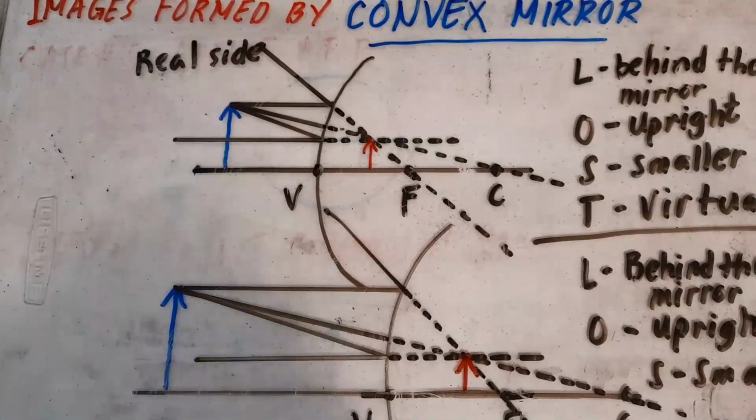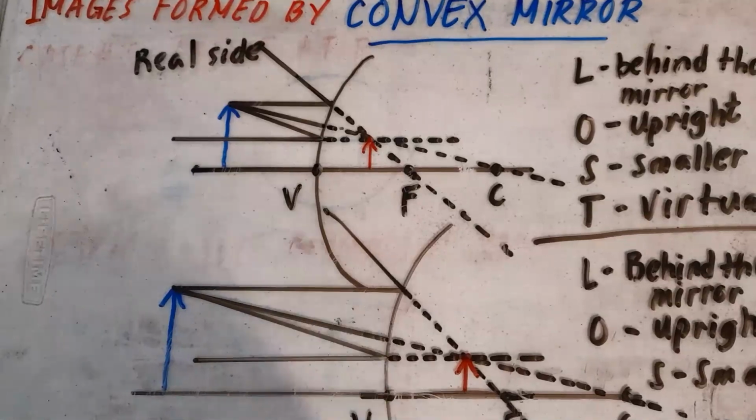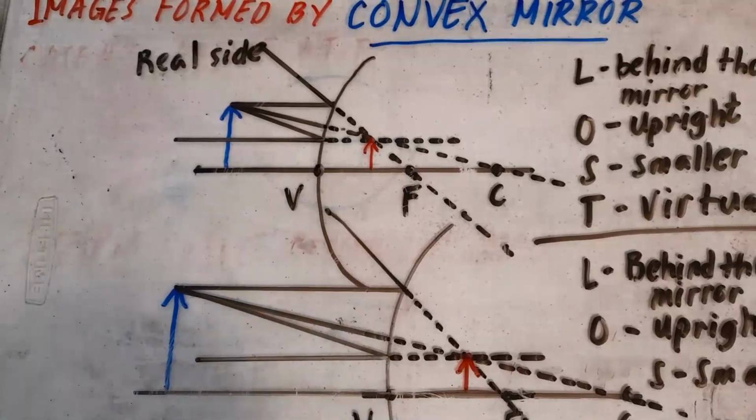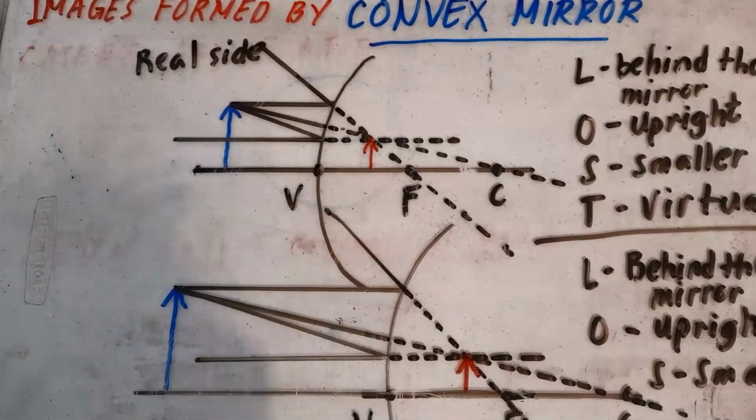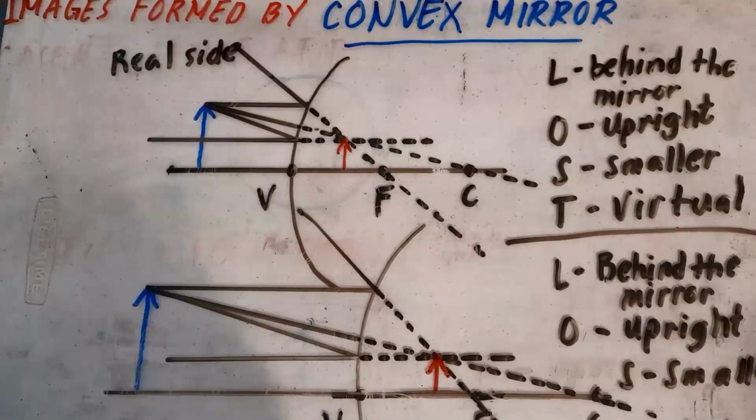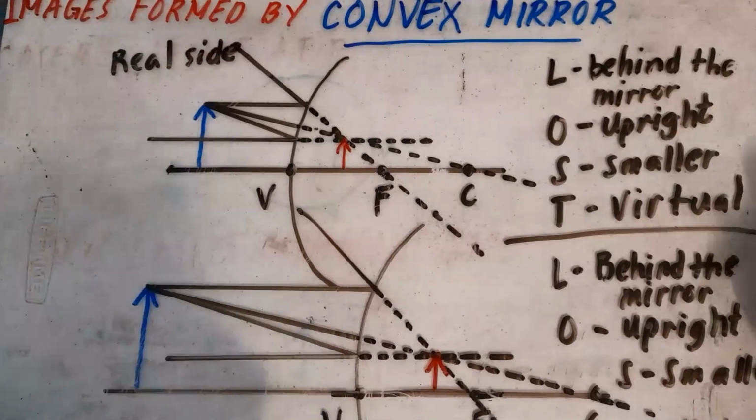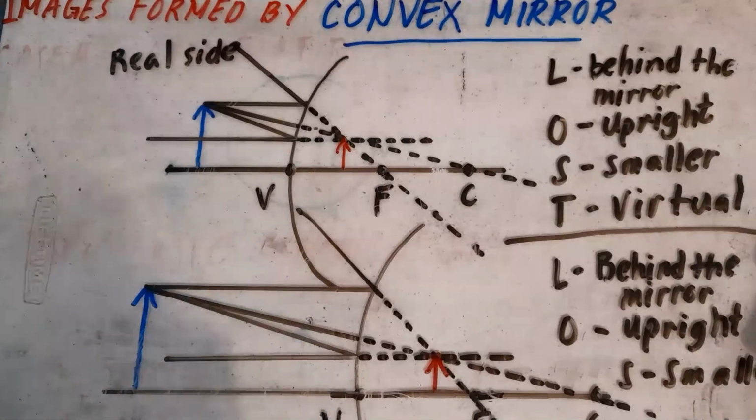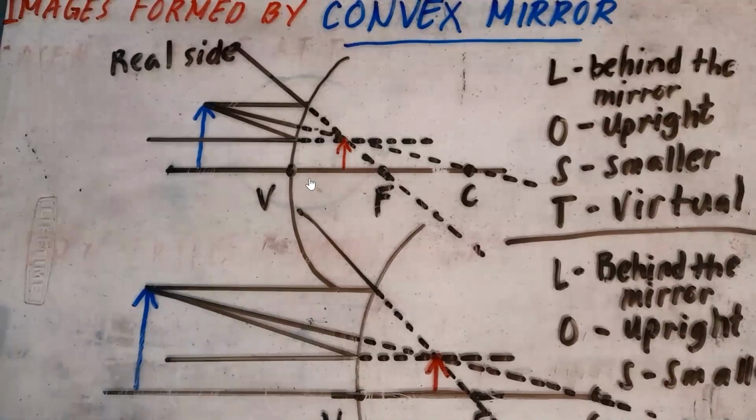Regardless of the position of the object in front of a convex mirror, it forms an image which has the same description: it is always behind the mirror, upright, smaller, and virtual.